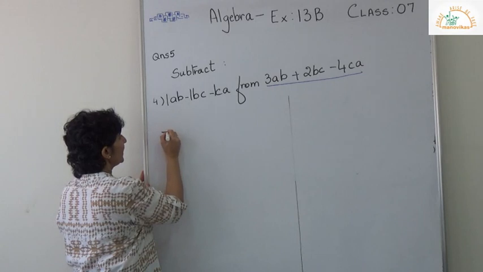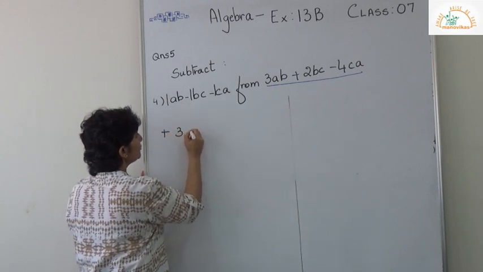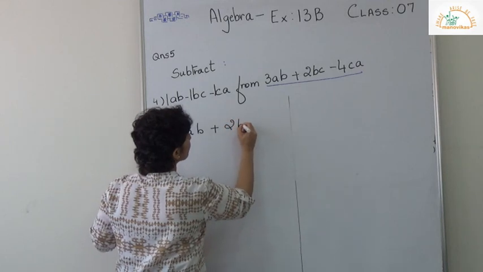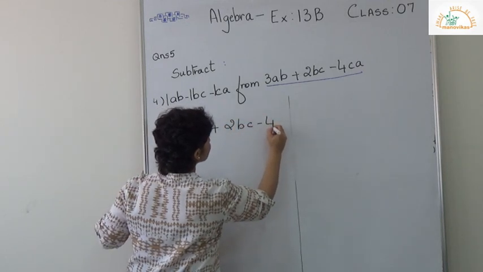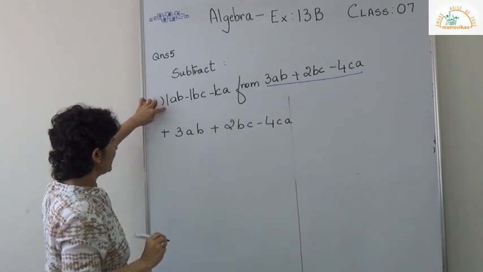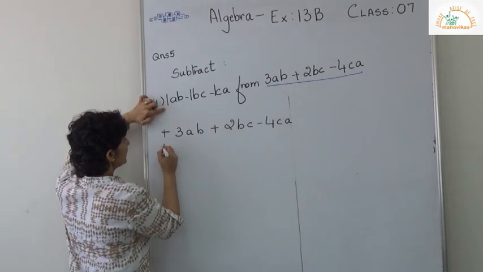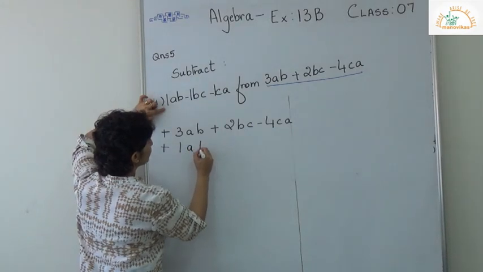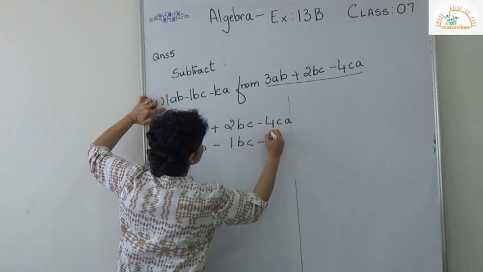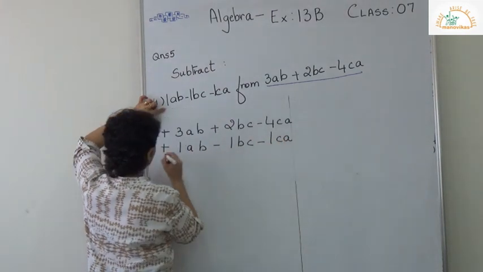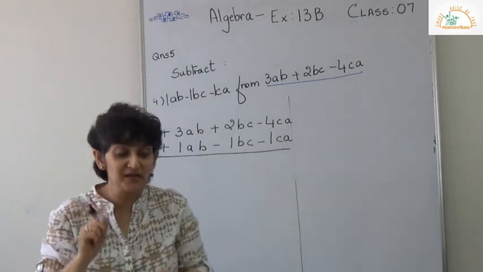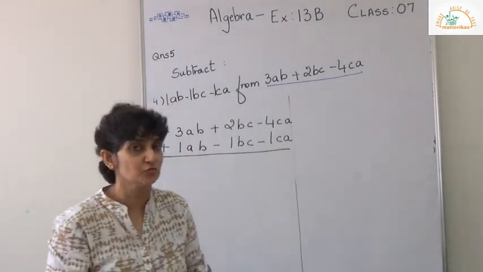Plus 3AB plus 2BC minus 4CA. Alright? And then I will write this: plus 1AB minus 1BC minus 1CA. Now, please be alert and listen to me.